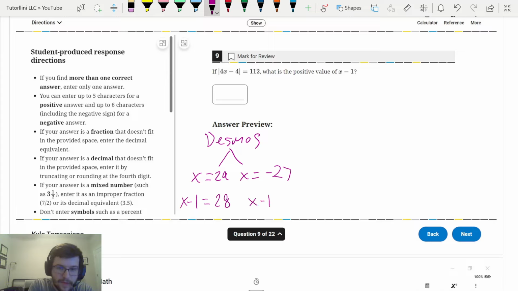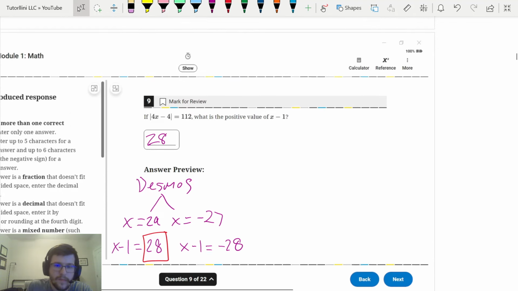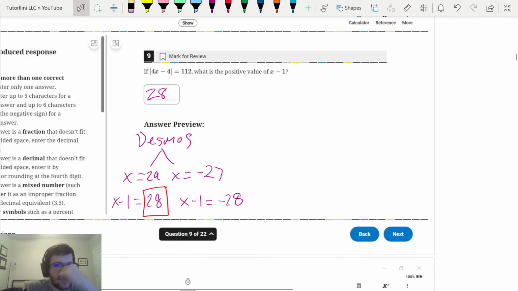And then x minus 1 would be negative 27 minus 1, which is negative 28. And it wants the positive value, so 28. And that's our answer. Now don't get me wrong, you have to know how to solve these by hand just in case you get a conceptual question. But again, if I was panicking on the test, that would have been a really easy way to do it without messing it up.